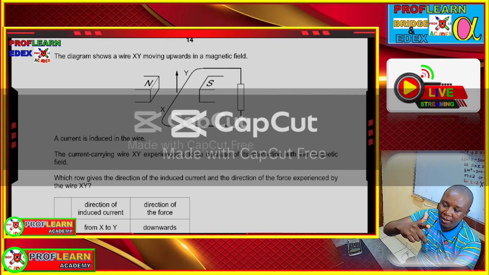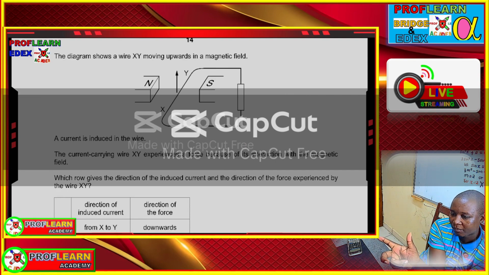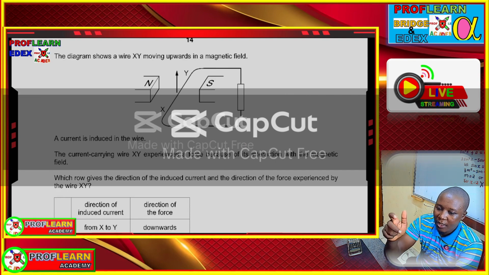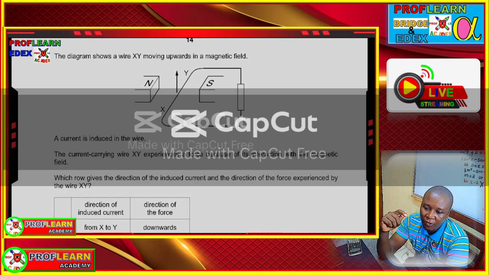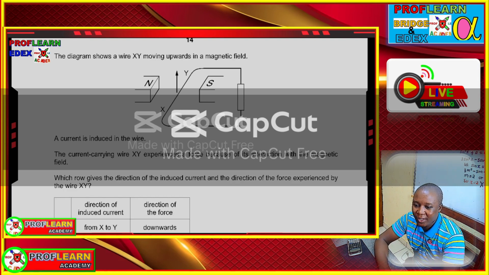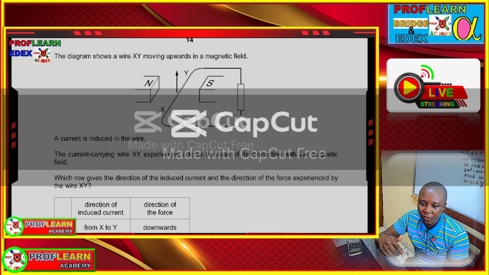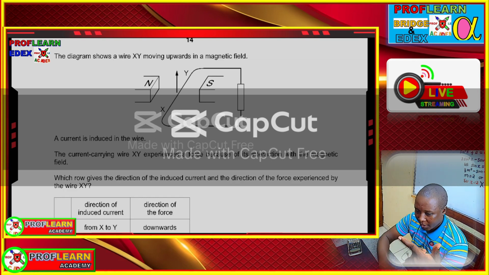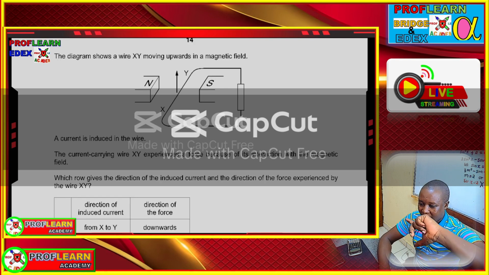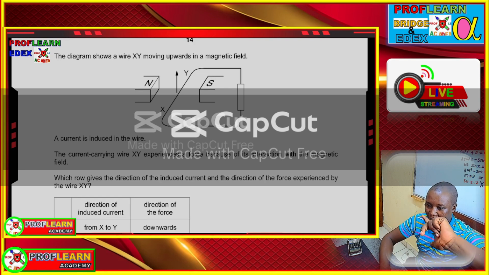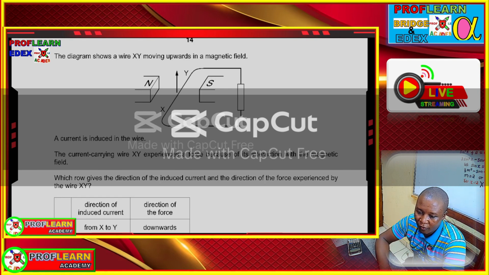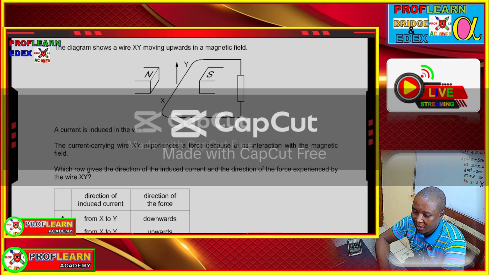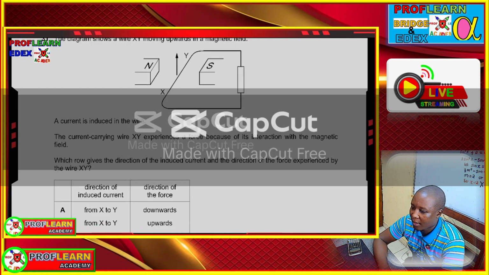If you use Fleming's right-hand rule, then the induced current will be flowing from X to Y. Then to determine the direction of the force, you use Fleming's left-hand rule, because the current will be there. The force experienced will be acting downward. So current will move from X to Y, and the force will be acting downward, and that is going to be A for that case.